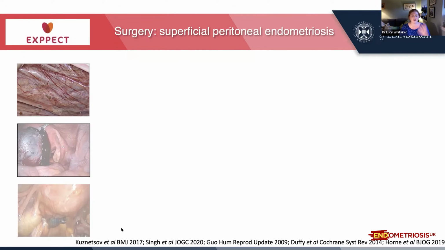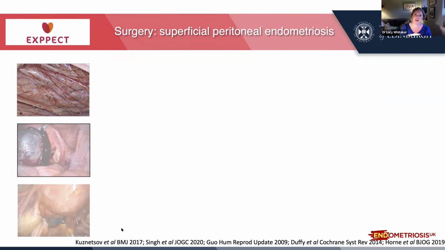And at the time of laparoscopy, the NICE guidelines, the guidelines that we use across the UK, suggest that we should consider treating these lesions at the time of surgery. They say there's no particular benefit of excision over ablation. The evidence base just isn't there to tease out which is better. But they do say, overall, consider treatment.